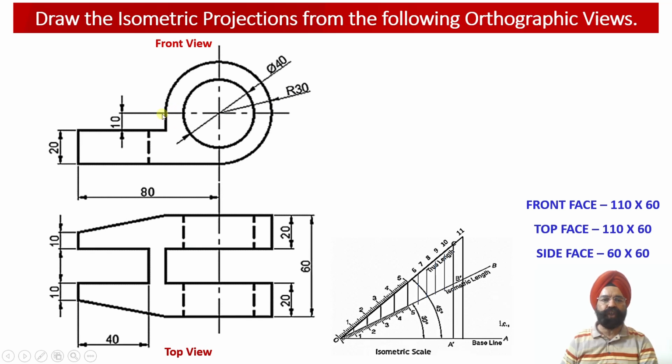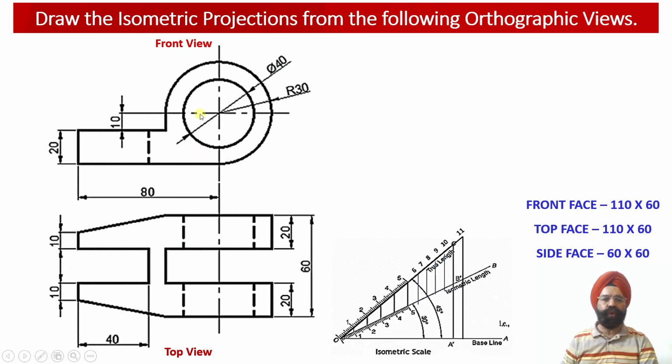Height of this portion of the solid is equal to 10 millimeter, and then the radius of the outer circular portion is again equal to 30 millimeter. So the total height of the solid will be equal to 30 millimeter plus 10 millimeter plus 20 millimeter equal to 60 millimeter. Therefore the front face of the solid will measure 110 millimeter length and 60 millimeter height.